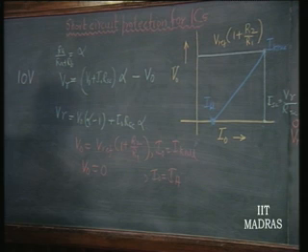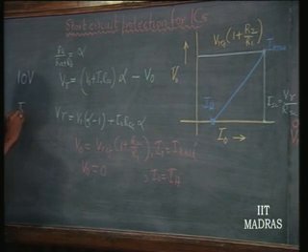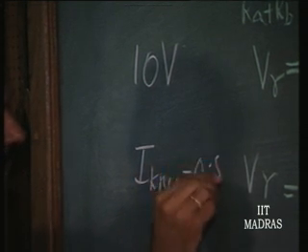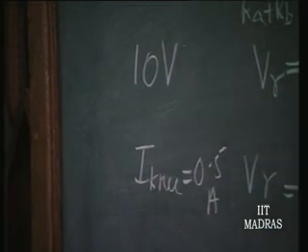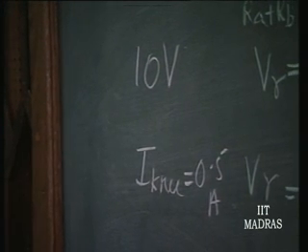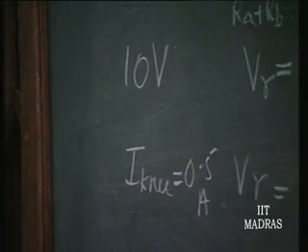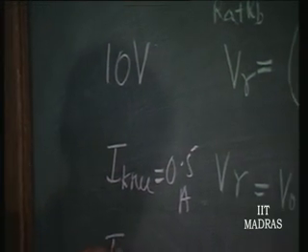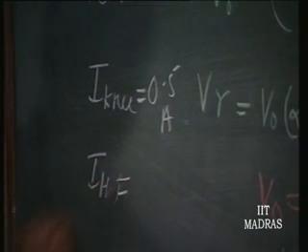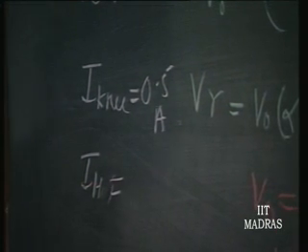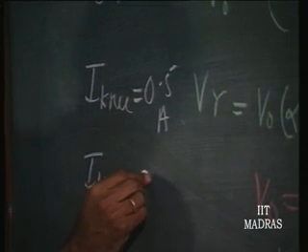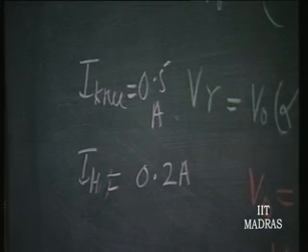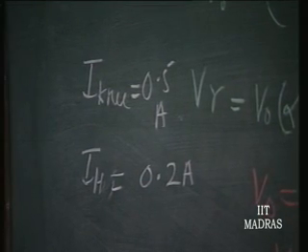Then we will take I knee as, let us say, 0.5 amperes. So, I knee is known as 0.5 amperes. Let us have I hold equal to, let us say, 0.2 ampere. I am just not sure whether this is the right value or not. Let us see what the trouble is going to be.